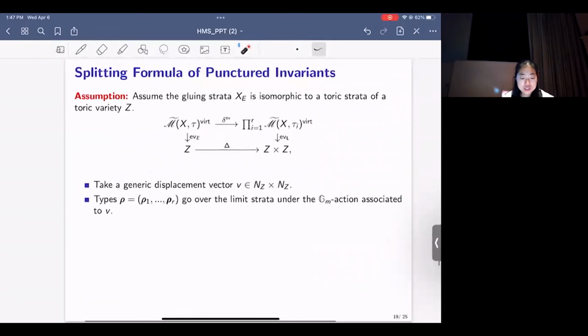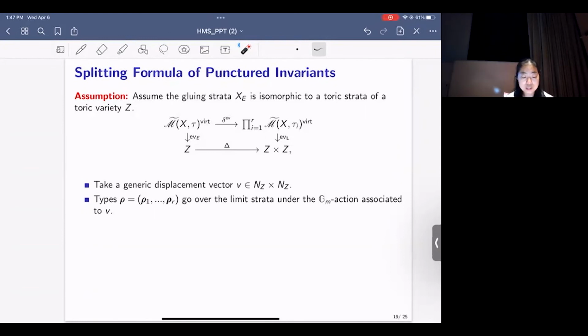With the same spirit, now we are considering a fiber diagram of this form, and we're trying to find the push forward of the virtual fundamental class upstairs. We do a similar thing. We take a generic displacement vector inside C × C, and as I told you already, the fiber diagram of toric varieties in the log category can be studied using the fiber diagram of the fans.